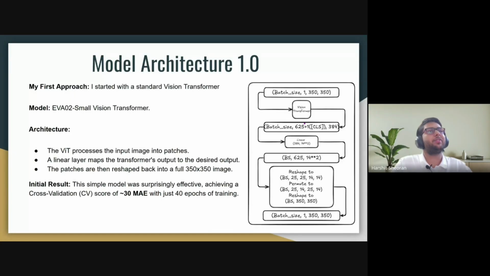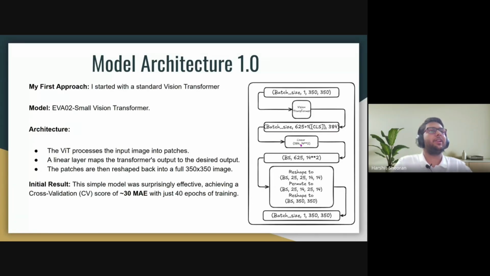The transformer outputs batch size, 625 plus 1, where this plus 1 is the classification token. Not every vision transformer outputs it, but some do. If the transformer is outputting this token, we just drop it because it's not of use to us. And then in the final dimension, we have the embedding dimension.